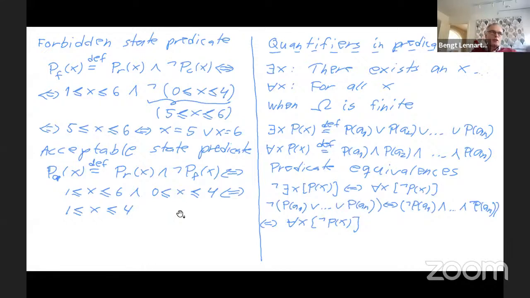So here you see that by introducing predicate calculus, I can formulate an algorithm generating the acceptable state predicate, or a statement for the acceptable states, which are also what I call the non-blocking states. So by having an algorithm that easily can generate these predicates, I can combine them in this way.